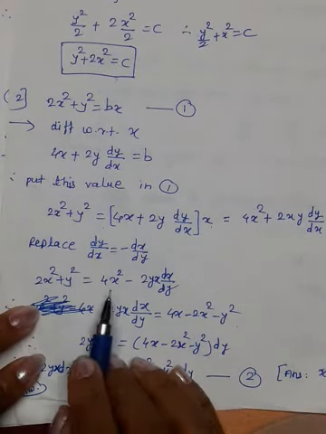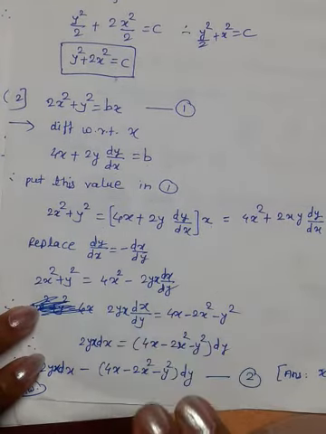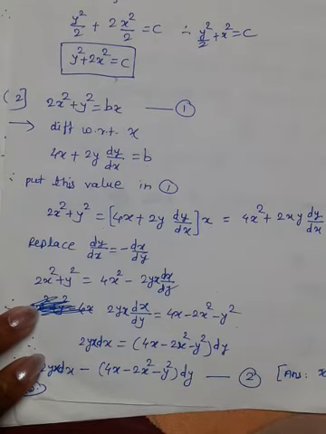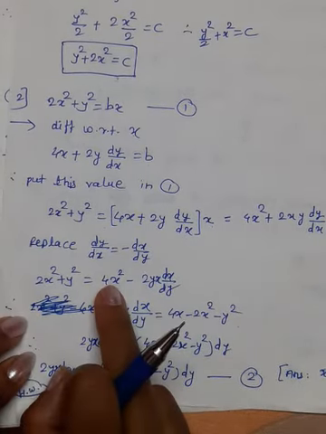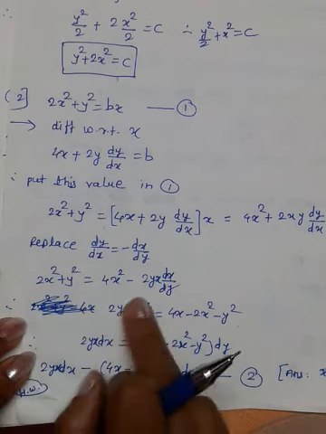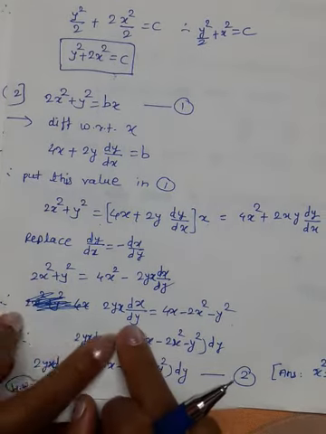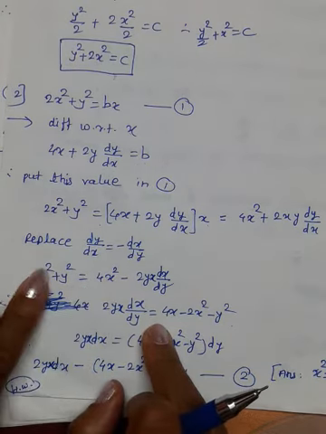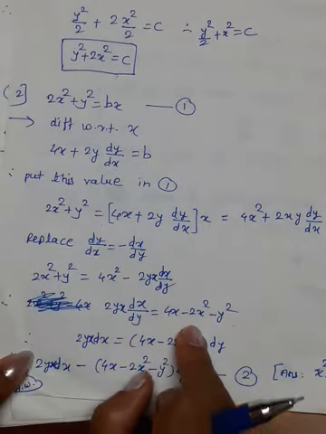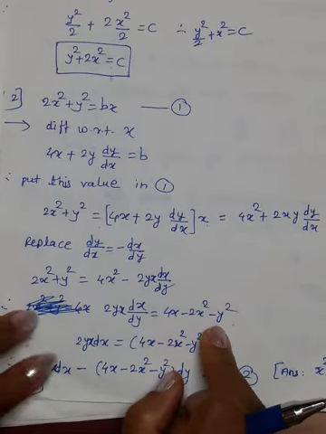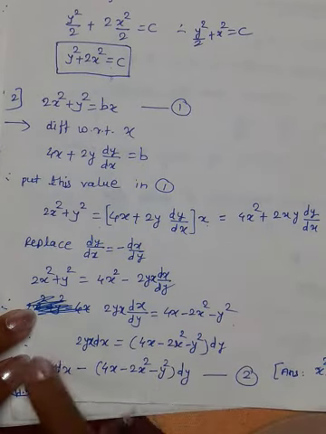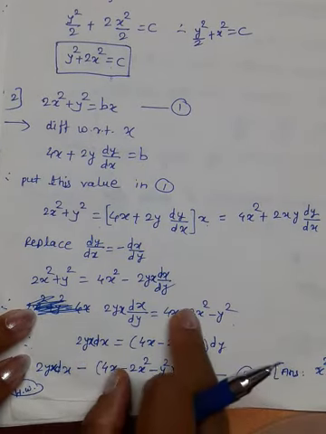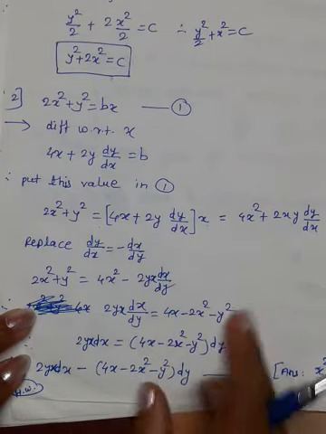To solve this equation, make it into our regular M dx plus N dy form. For that, take this 4x square term on this side and the negative term on that side. We get 2xy dx by dy is equal to 4x square; this term comes to this side, it becomes minus 2x square minus y square. Now take dy on that side, we get 2xy dx is equal to this term, in brackets, into dy.